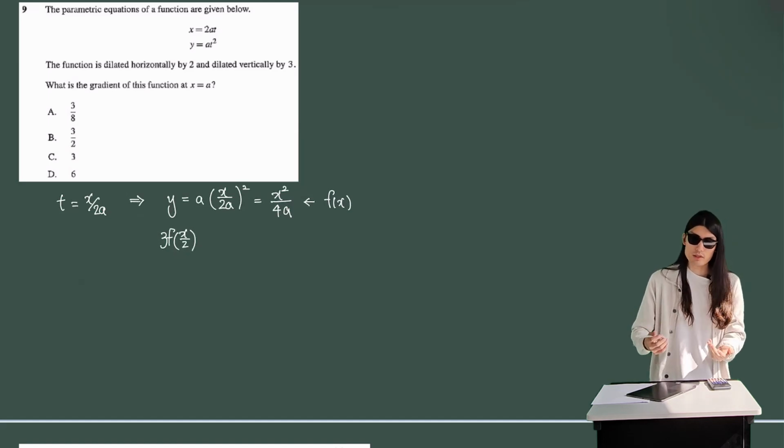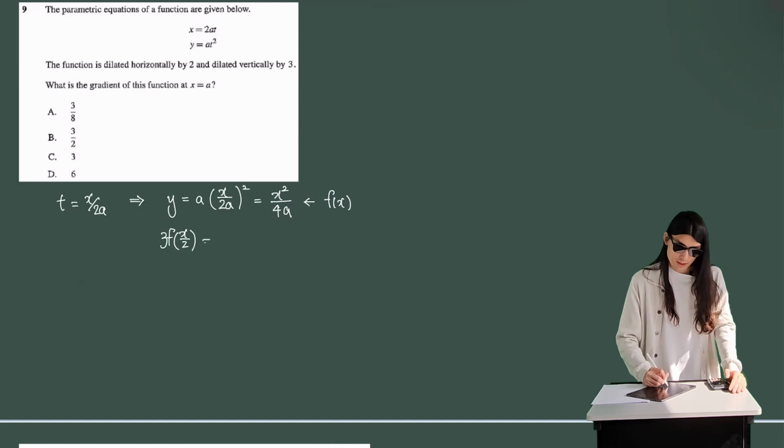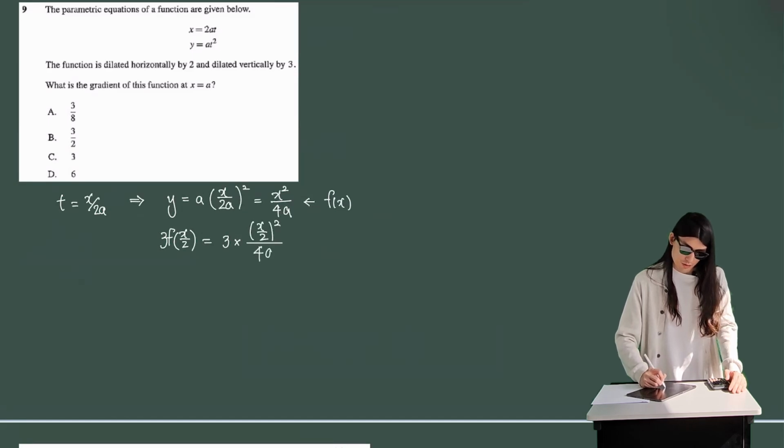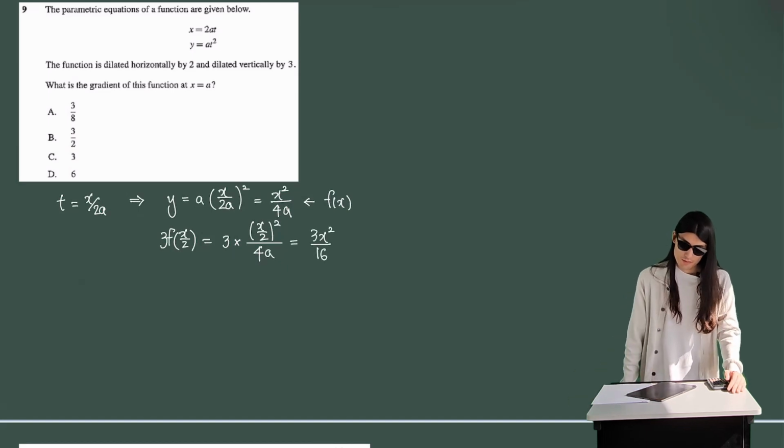Now, what's the expression for that? What's the equation for that in terms of x? Well, 3 times x over 2 all squared over 4a, isn't it? Which simplifies to 3x squared over 16.